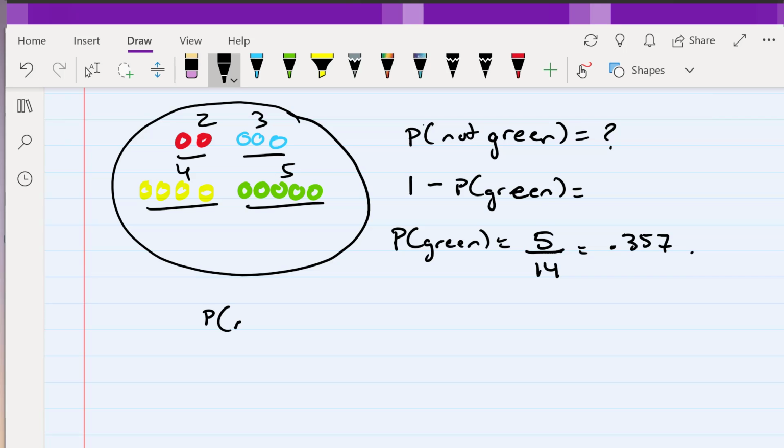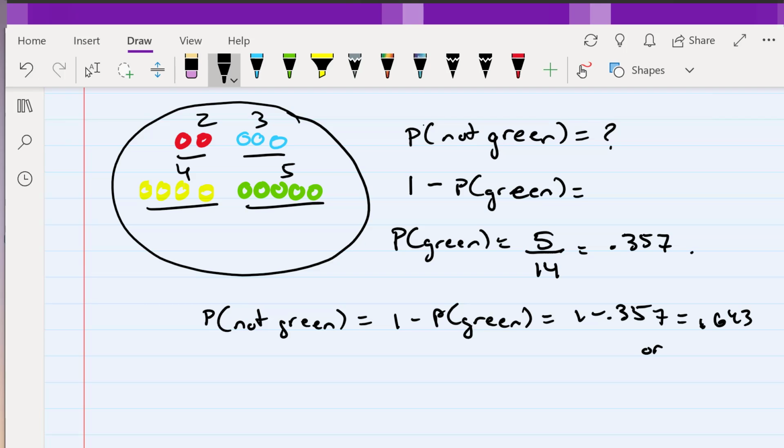So the probability of not green is 1 minus the probability of green, which is 1 minus 0.357, which is 0.643, or 64.3%. So the probability of choosing not green is 64.3%, which kind of makes sense because basically you're looking at these here.